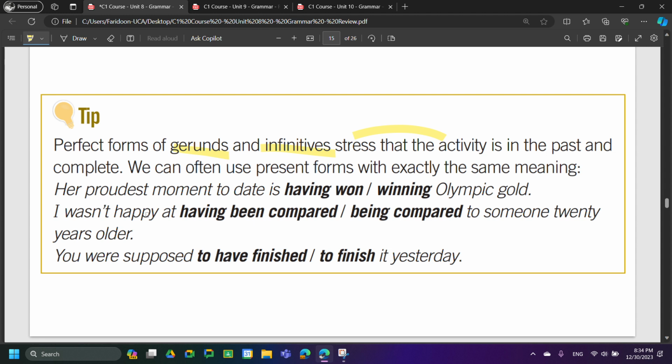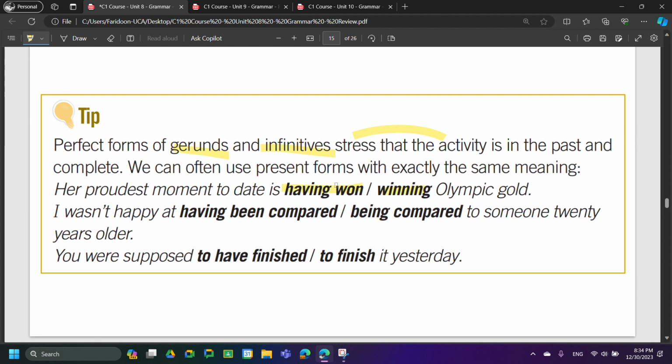Example, her proudest moment to date is having won the Olympic gold or is winning Olympic gold. Now, both of them, winning the Olympic gold or having won the Olympic gold, mean that the activity is in the past and the activity is complete, right? But this is something that you do have to note.